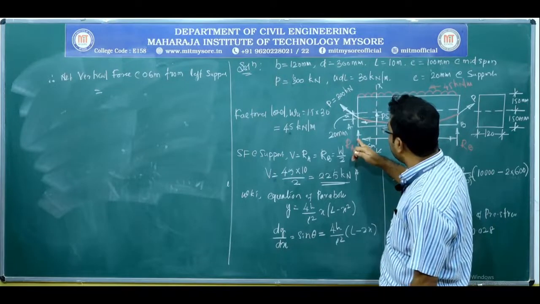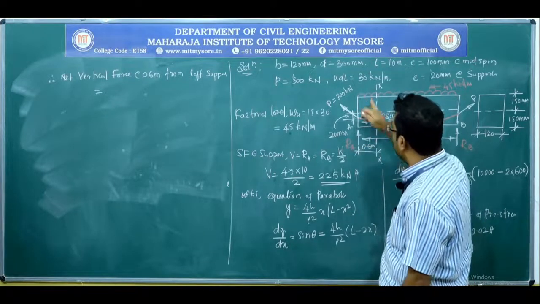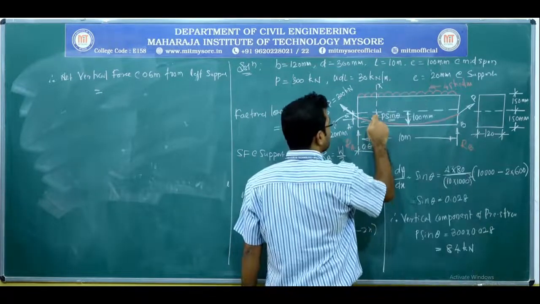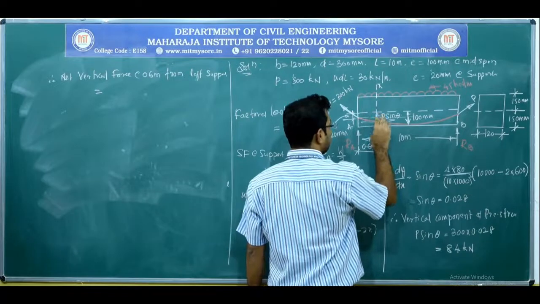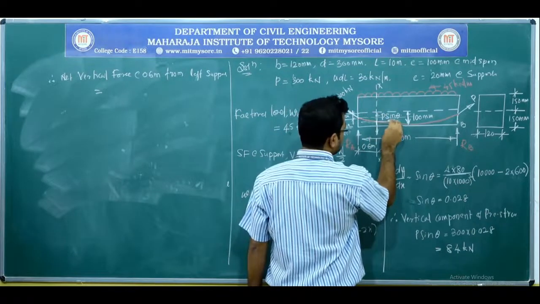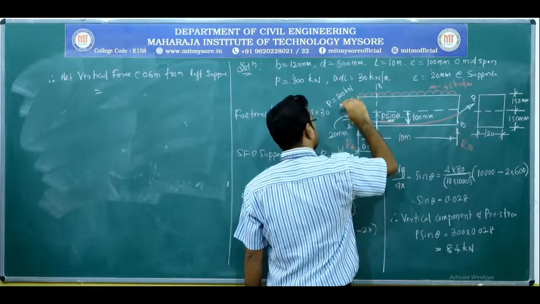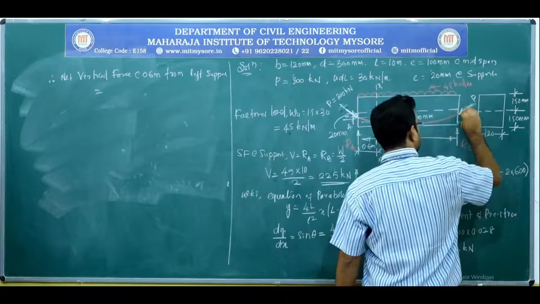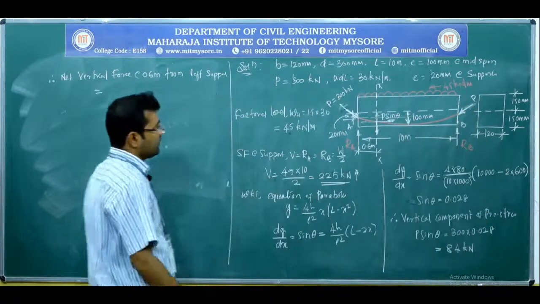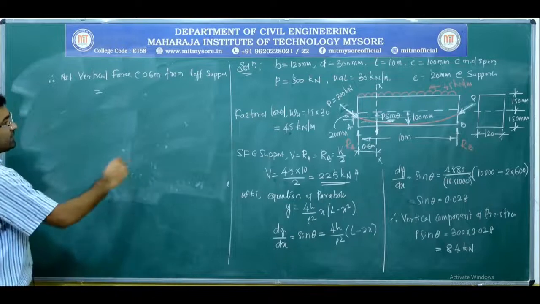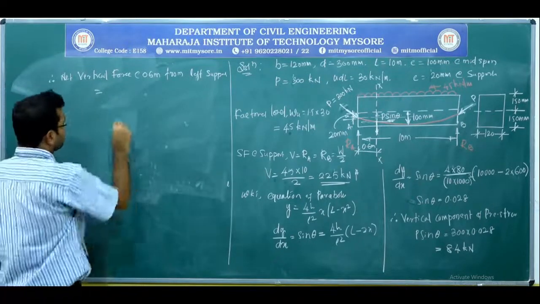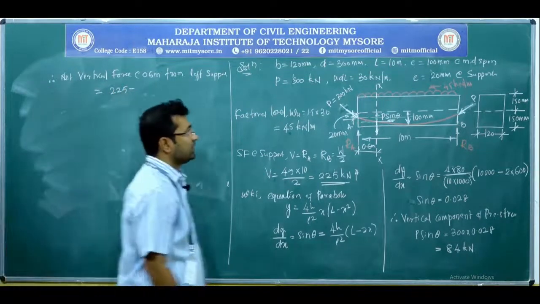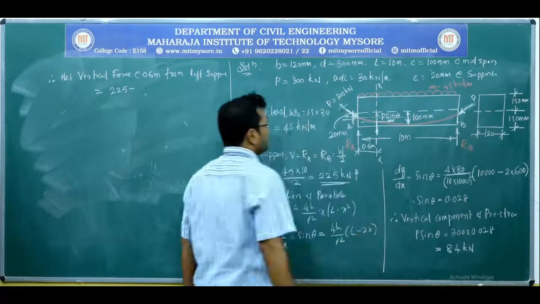So here you can see RA is acting vertically upwards and this UDL is acting downwards. And this will have the component vertically downwards. Okay. So if I mention the prestressing force in this direction, the component will be vertically downwards. So RA is, I think, 225 kilonewton minus the load on this much portion.